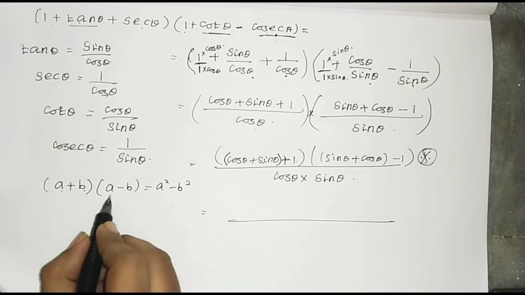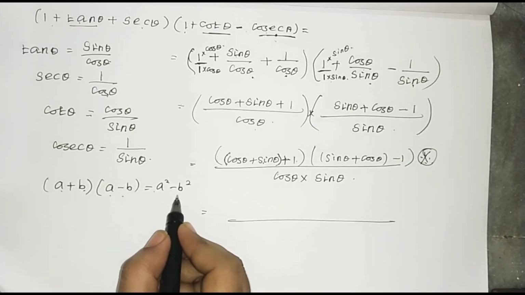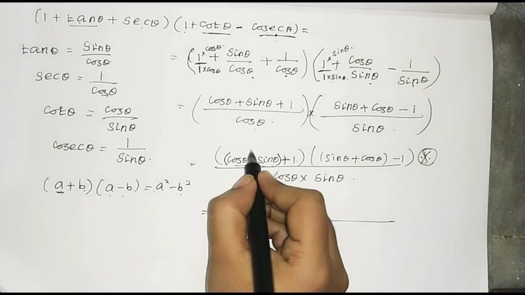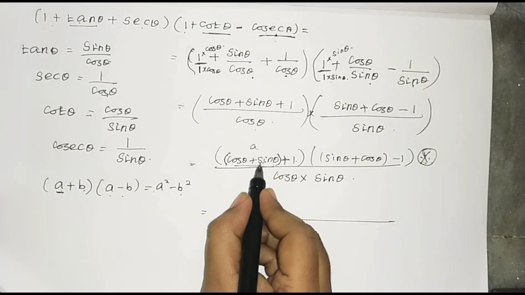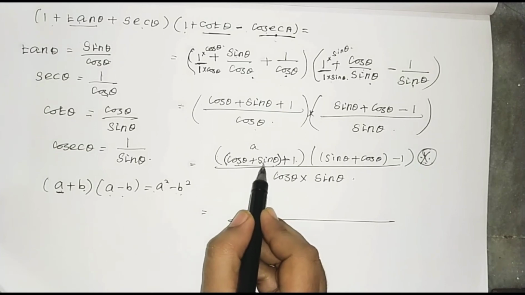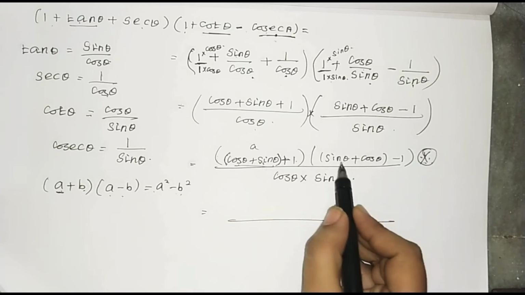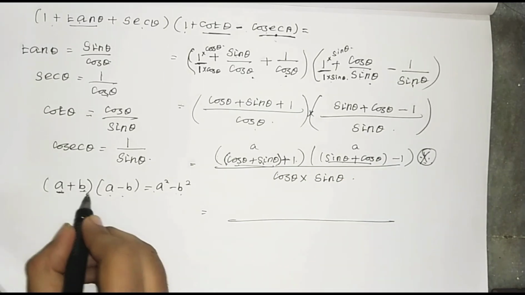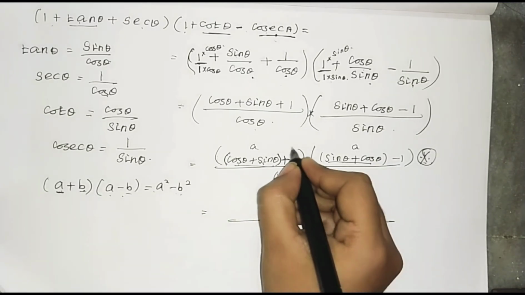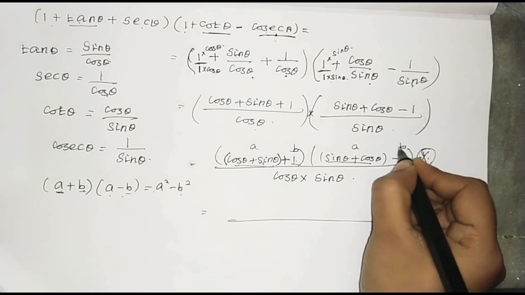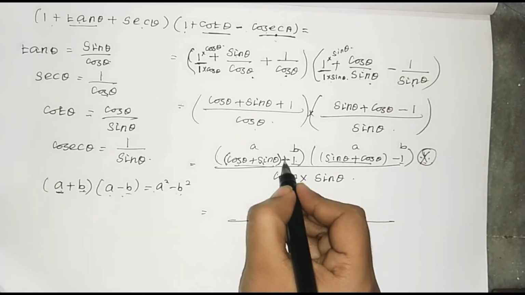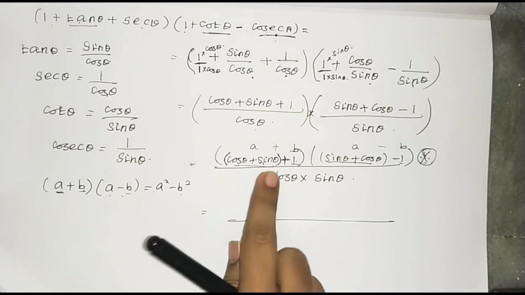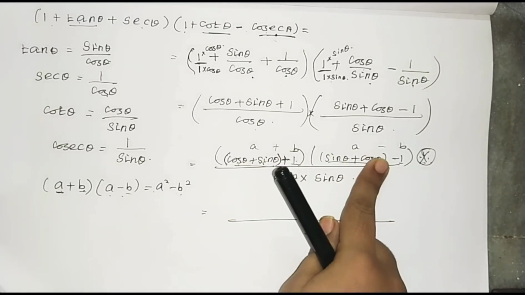Instead of a, we can consider cos theta plus sin theta. See, here also cos theta plus sin theta. This one we can consider as a. Instead of b, we can consider 1. See, here the middle is a plus sign, here the middle is a minus sign. So now we can apply a plus b and a minus b.